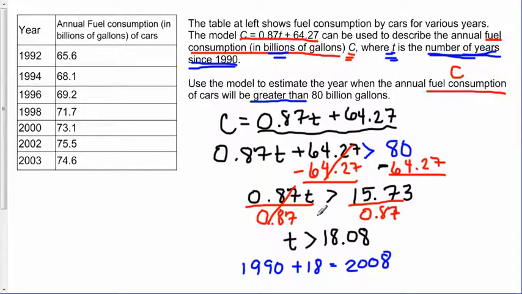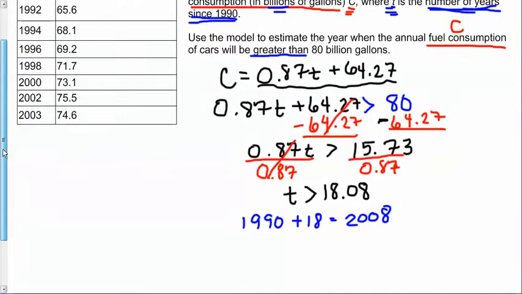Now, what does this mean? That means during the year 2008, and presumably for all years after 2008, fuel consumption for cars would be over 80 billion gallons.